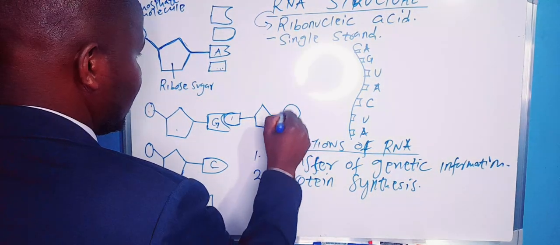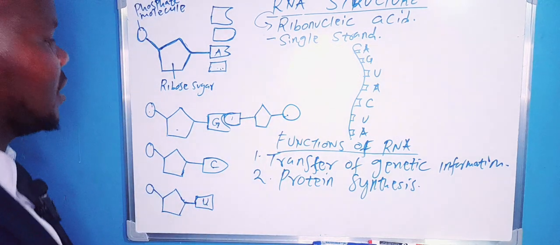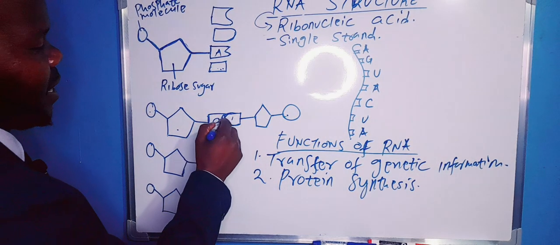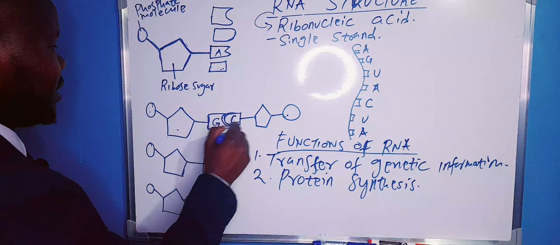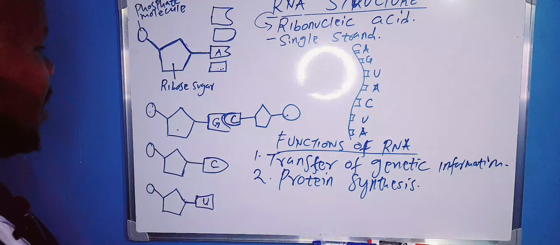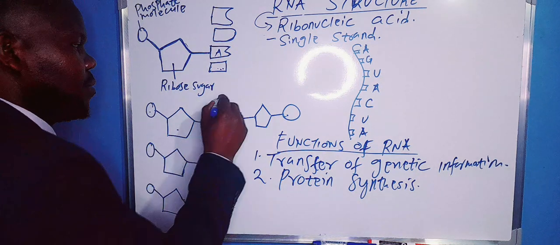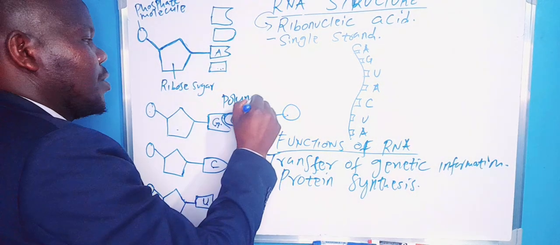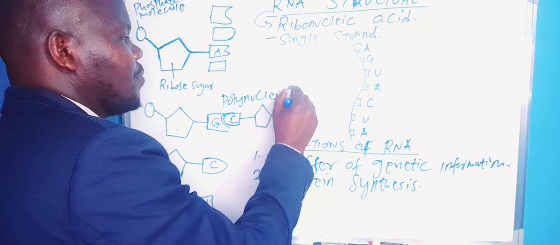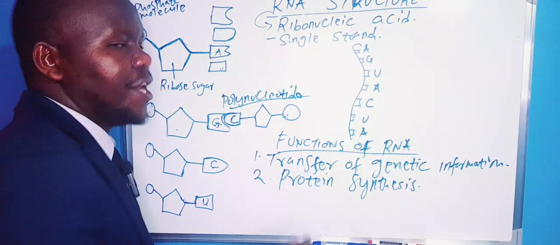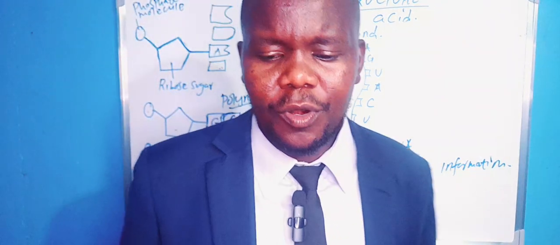Hope you understand. So this is a pairing: cytosine with guanine. And when I pair cytosine with guanine, I form something called a polynucleotide. A polynucleotide is just a long chain of many nucleotides.